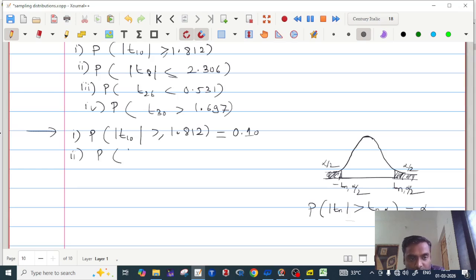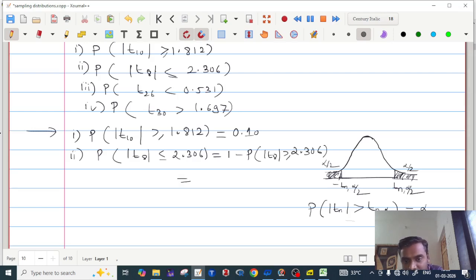Probability of mod of T8 less than or equal to 2.306. Then this is 1 minus probability of mod of T8 greater than or equal to 2.306.